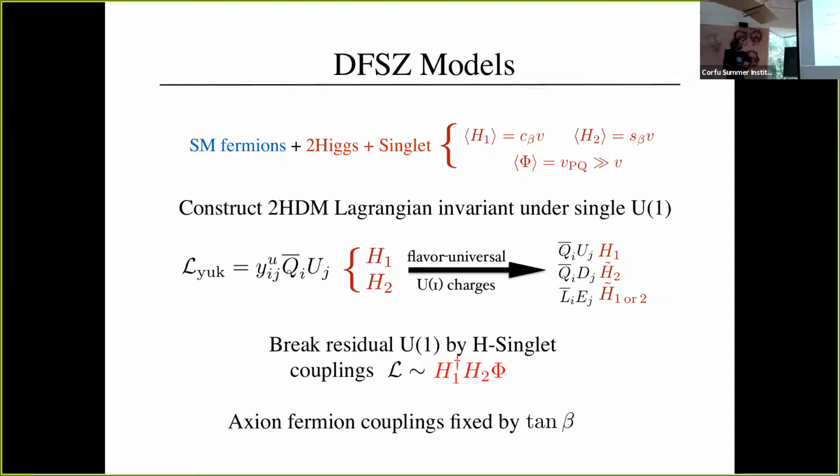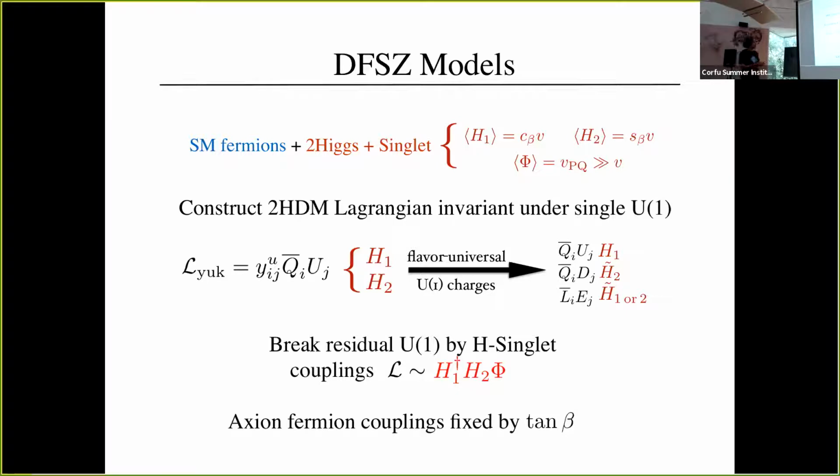So if the PQ U(1) charges are flavor universal, we have only two options. There are two models which differ by which Higgs doublet the leptons couple to. So these are so-called DFSZ1 and DFSZ2 models, with terminology borrowed from two Higgs doublet type 1 and type 2 models.